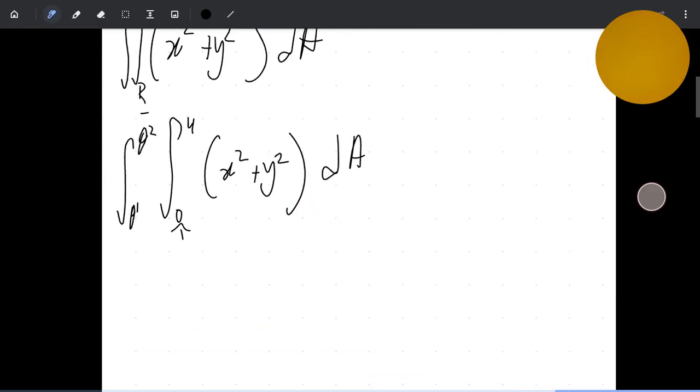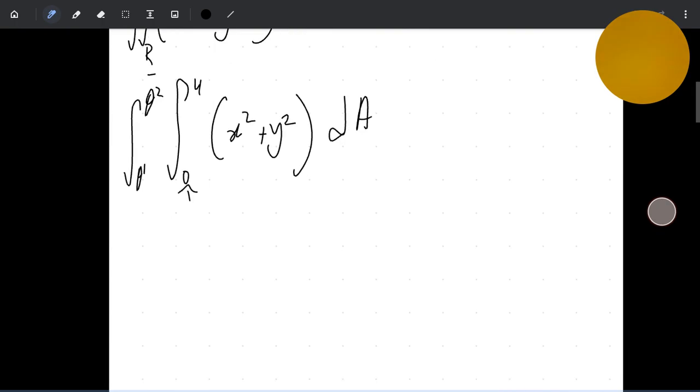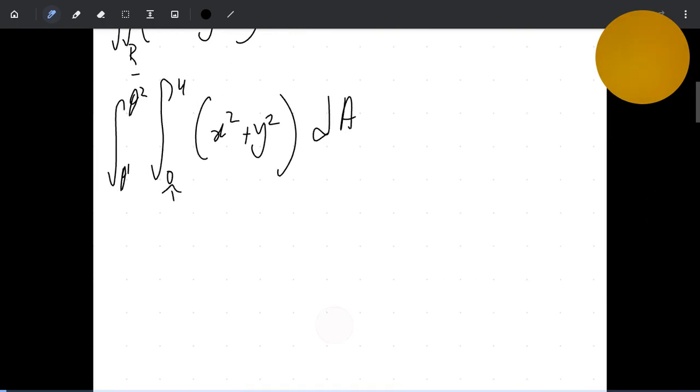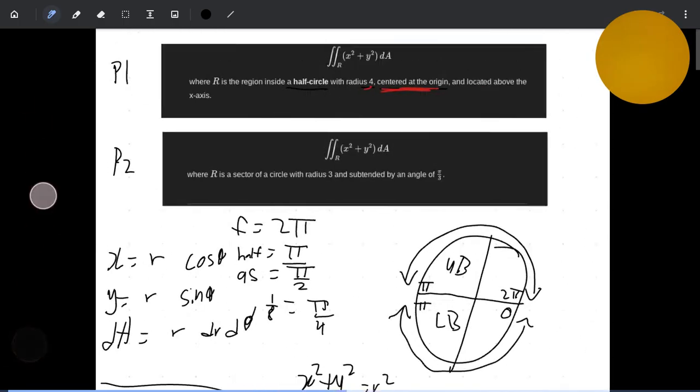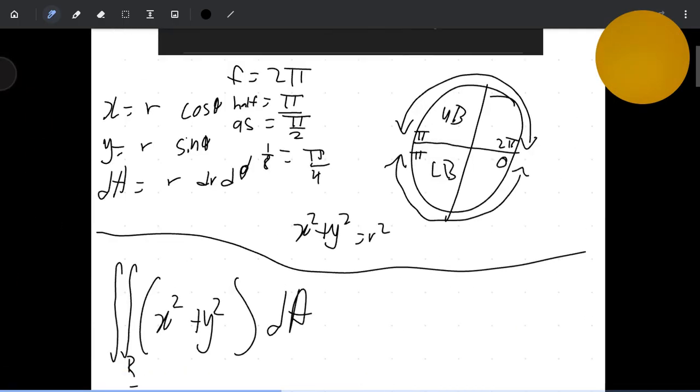So you already know most of the formulas. It said half circle, if you remember. Theta 2 is always going to be the equation for whatever part of the circle it is. Since it's a half circle, it's going to be pi.